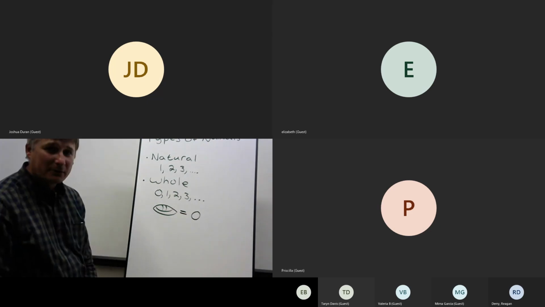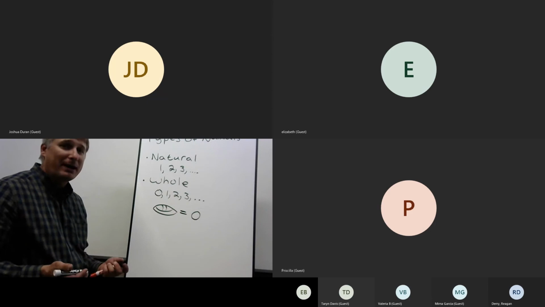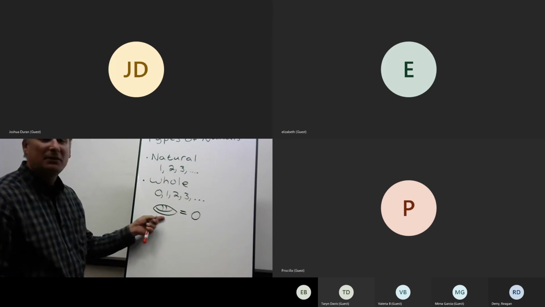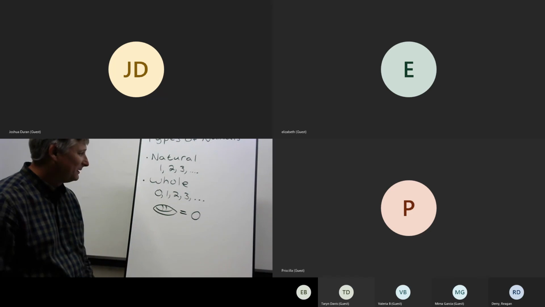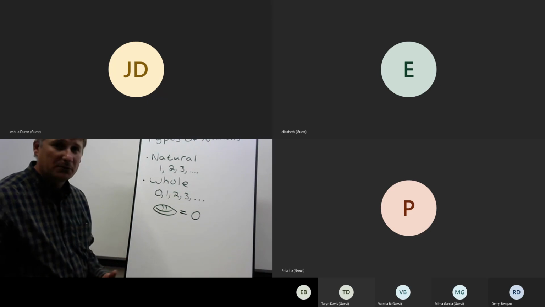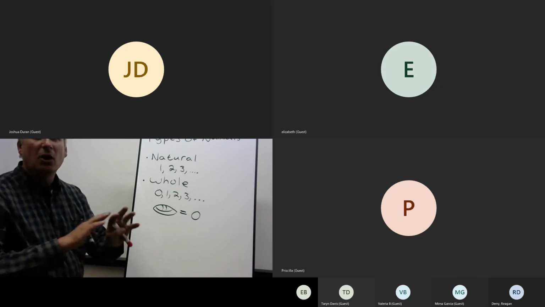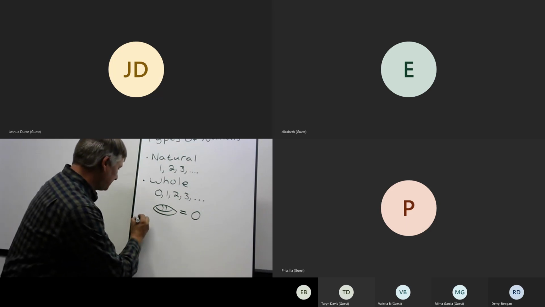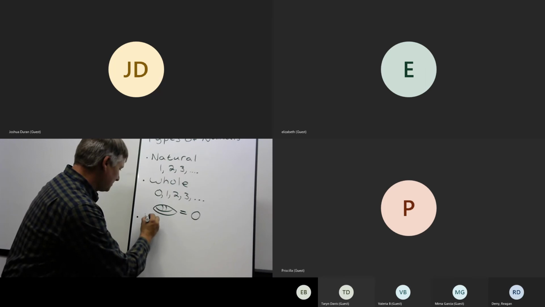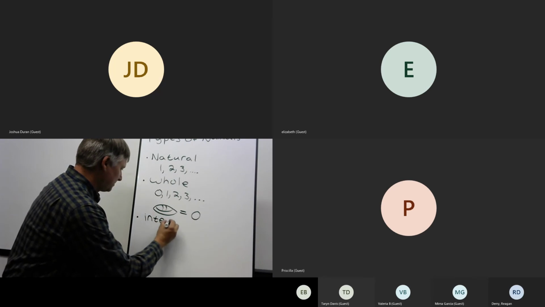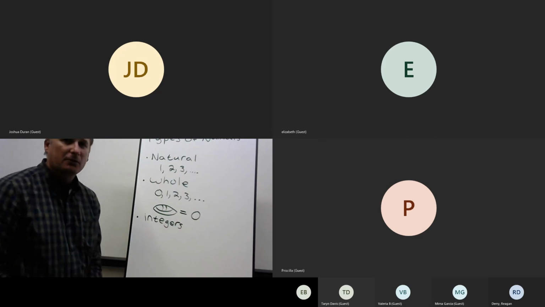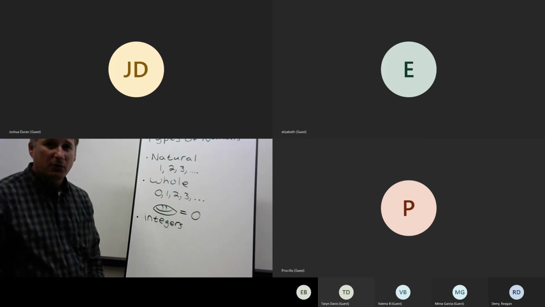So on Mayan hieroglyphs, or if you're looking at dates on the Mayan calendars or stela, this means 0. So those are the whole numbers. 0, 1, 2, 3, 4, 5, and on forever. Next, you have integers. Now, integers, we just bring in the negative version of the whole numbers.